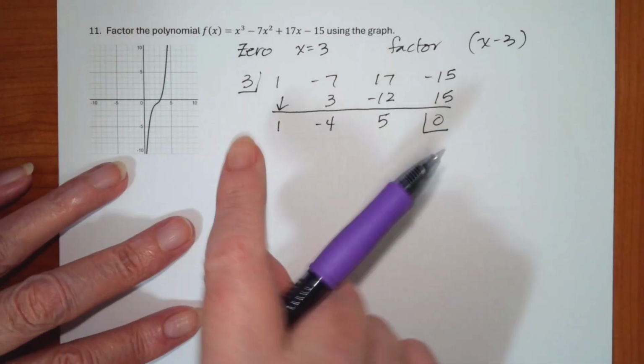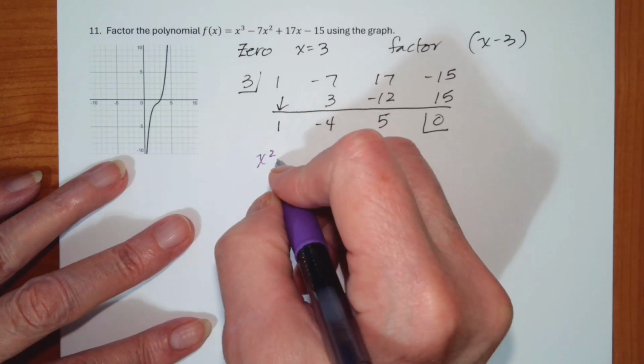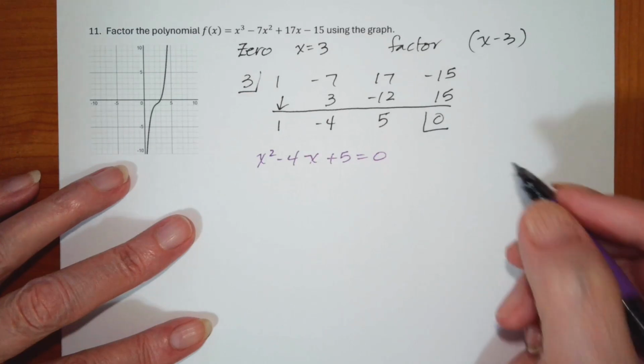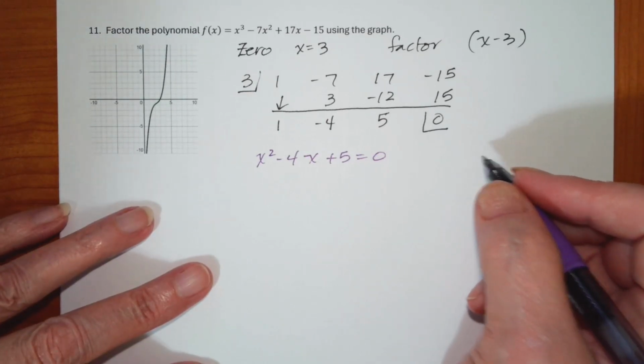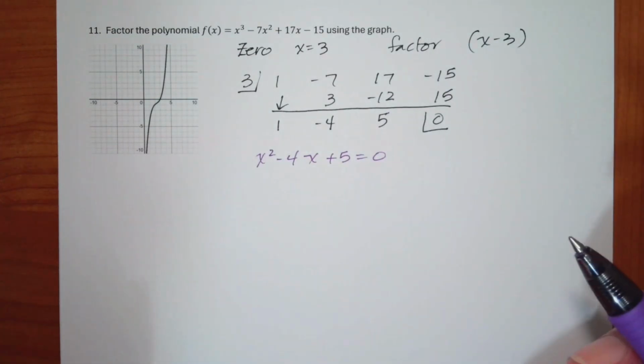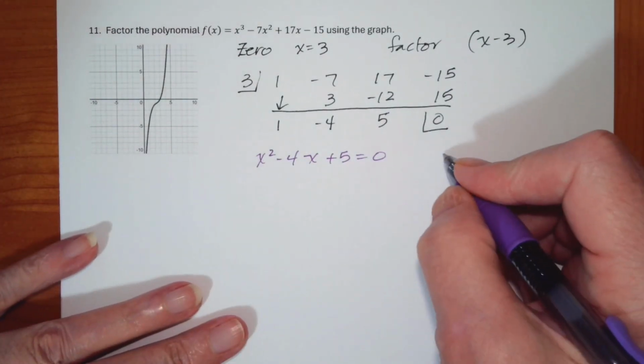So now I'm going to take what's remaining. This becomes a polynomial x squared minus 4x plus 5 is equal to 0, and see if I can solve that. I know these are not real solutions because it doesn't cross the axis anyplace else, so I'm going to go straight to the quadratic formula.